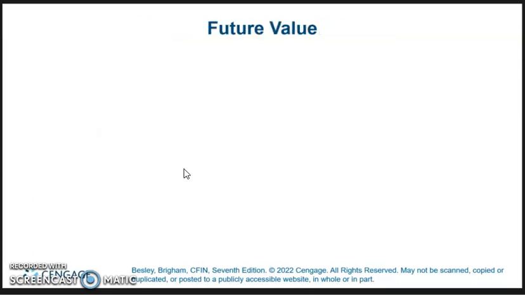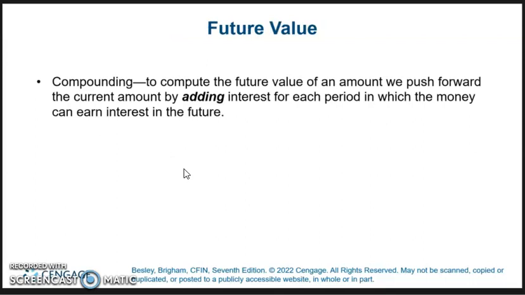or fixed. So, future value. Compounding. To compute future value, we have to add interest each year, and after the first year we end up with what is called compounding. Compounding is interest on interest.